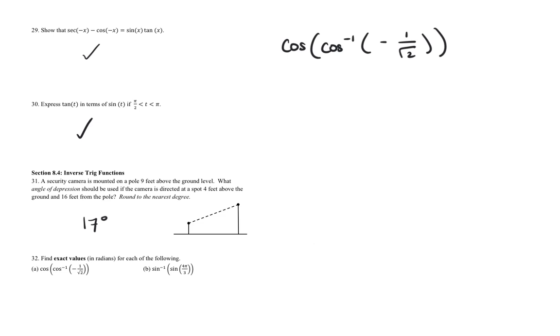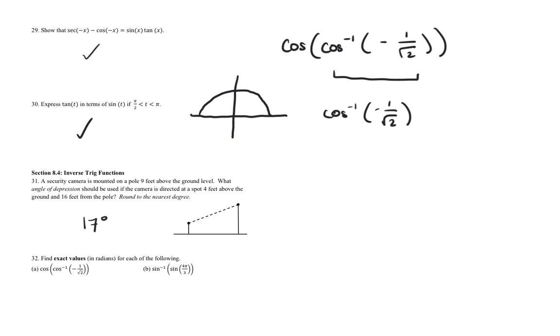So where is our cosine inverse function defined? Well, the inverse of our cosine function is defined for quadrant 1 and quadrant 2. So essentially, we can ask ourselves by looking at this inside part, cosine inverse of negative 1 over the square root of 2 is equal to some angle, right?